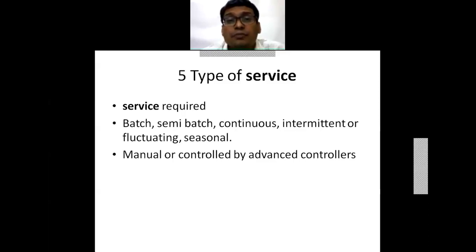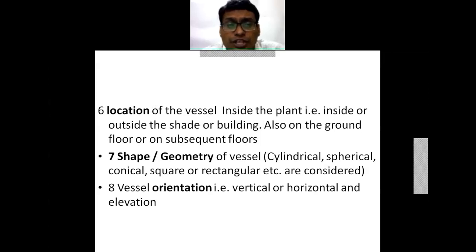So again it becomes your seasonal product. Seasonally, I have to increase its capacity at a drastic rate. Then manual or controlled by advanced controller systems, that is also to be taken into consideration. So all these are our vessel design considerations.